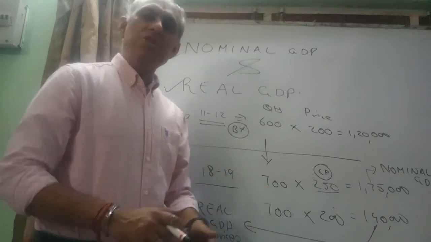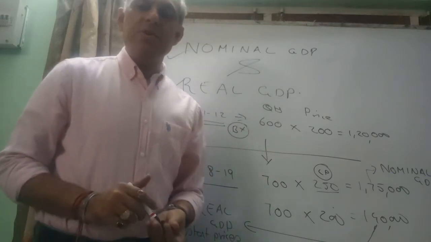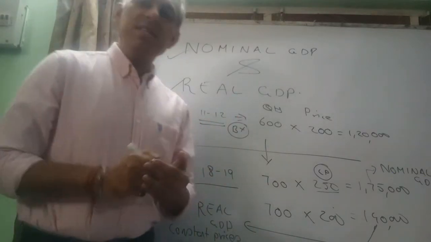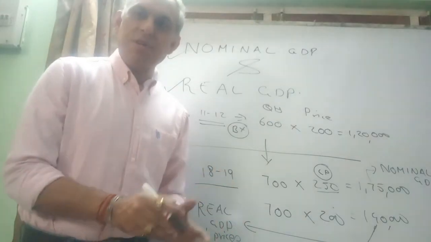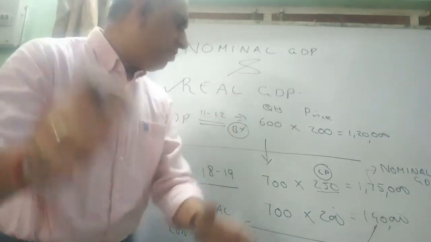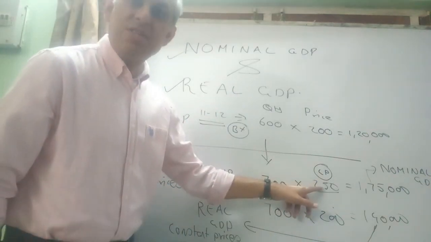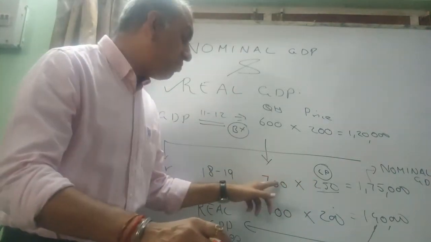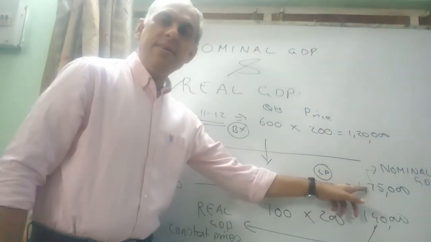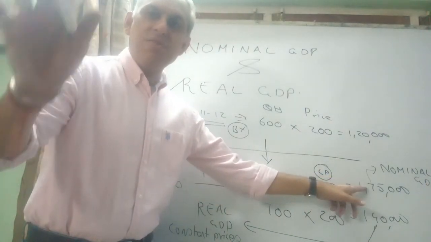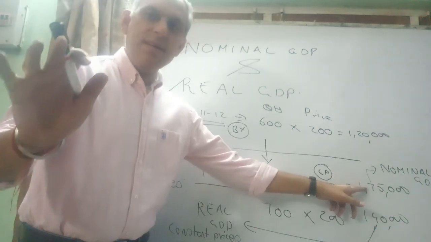So whenever you see nominal GDP in newspapers, always take it with a pinch of salt, with a little bit of a question mark, because it may be influenced by high prices. At times, when the output may be even lower, higher prices may result in greater GDP, which is not the true measure of growth of an economy.